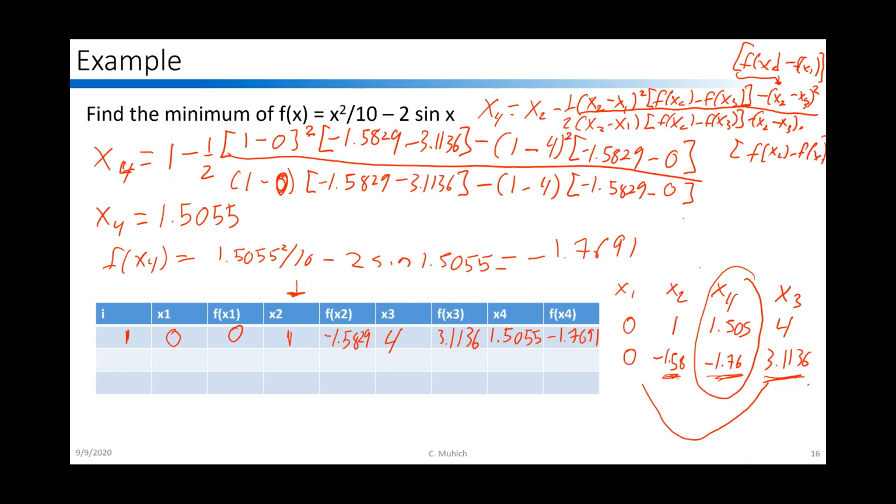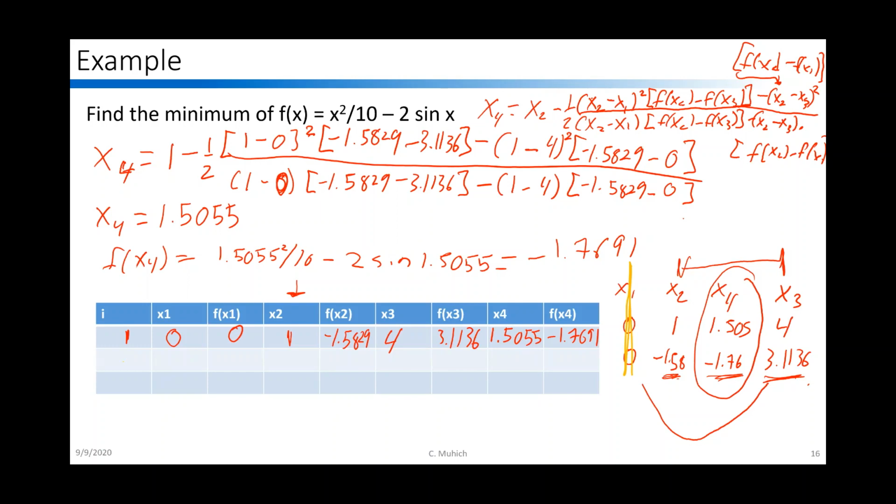Because the minimum is between x2 and x3, we want to preserve those two points. We want to get rid of x1. So we're now going to shift these points over and make our new x1, x2, and x3.